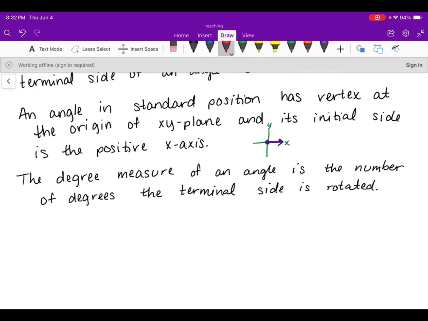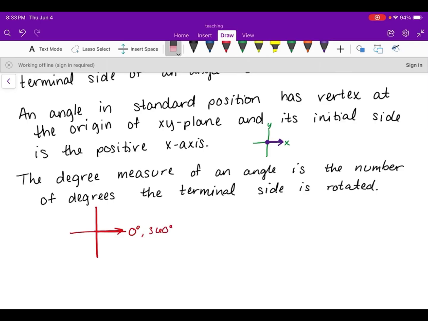And so if we look at our XY plane, this might take a little bit of prerequisite knowledge. So if we think about a circle has 360 degrees. So if I have my standard position angle, means that I have to start on the positive x-axis. That is 0 degrees. Now if I go all the way around and I create a circle, then I wrap around all the way to 360 degrees.